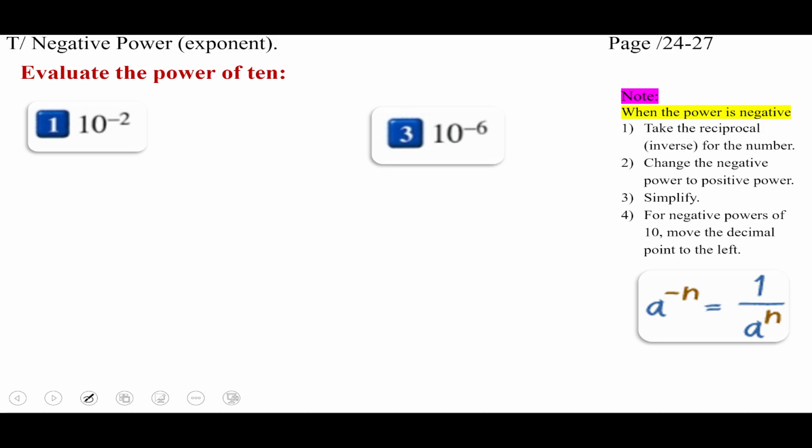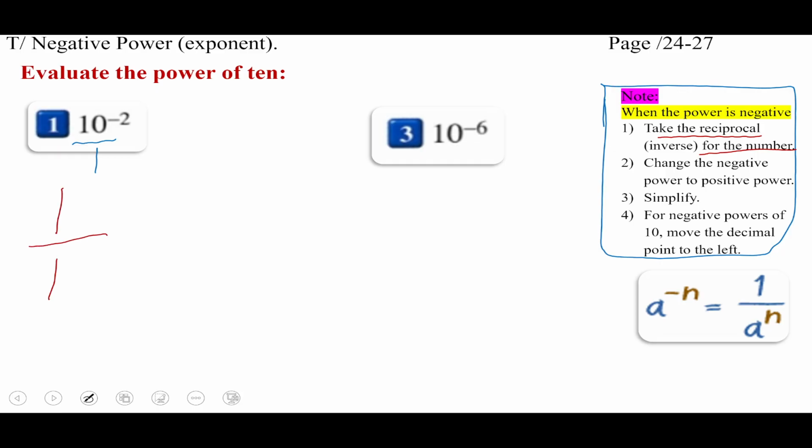Okay, let's solve more questions. These are the steps to evaluate negative powers. For example, evaluate 10 to the power of negative 2. The first step, put 1 to make it a fraction. The second step, take the reciprocal of the number. So 10 out of 1, when we take the reciprocal, is going to be 1 out of 10.